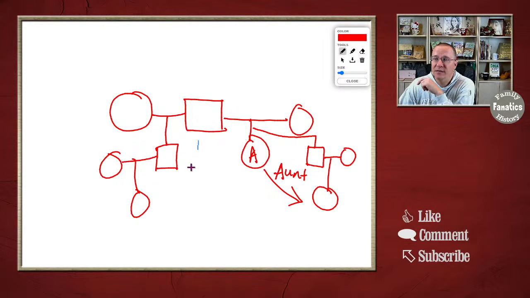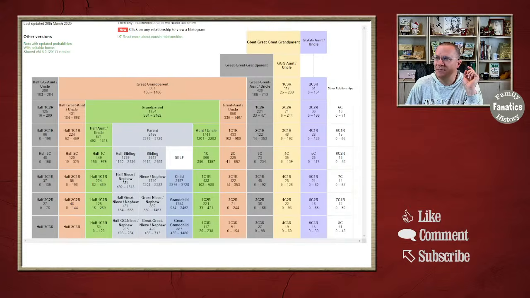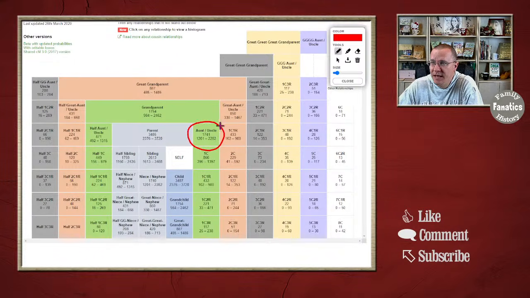On this side, almost the same relationship, she would be a half aunt. And the nice thing here is these have different amounts of DNA. So if we go back, we can look here and we can see that an aunt between 1,200 and 2,200 centimorgans is what we're expecting. Most likely it's going to be somewhere around 1,700, 1,800 centimorgans.